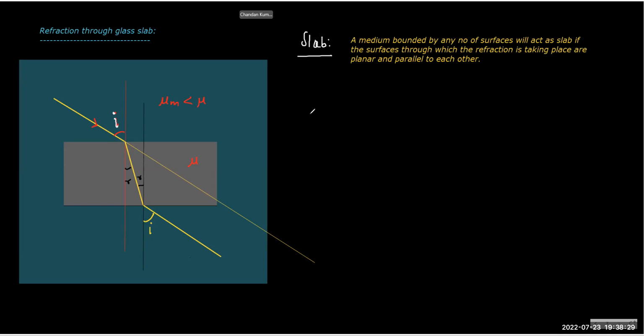So I can write, let's say, mu medium sine I equals mu sine R. Then I'll write it again for the next refraction: mu sine R equals mu medium sine, I don't know, let's say you pretend that you don't know. But from these two equations, can we write that this is the same as this? Yes or no? Yes, sir.